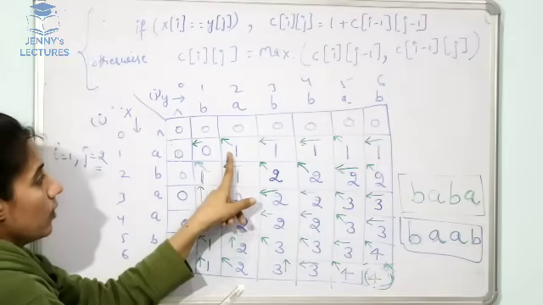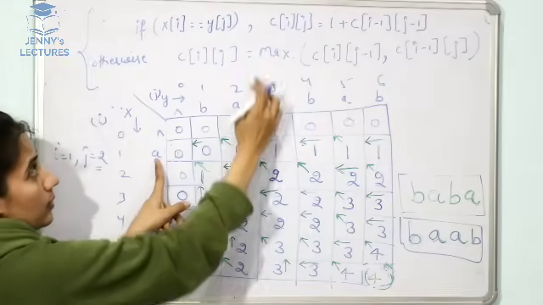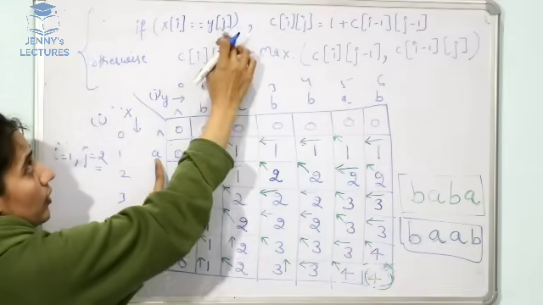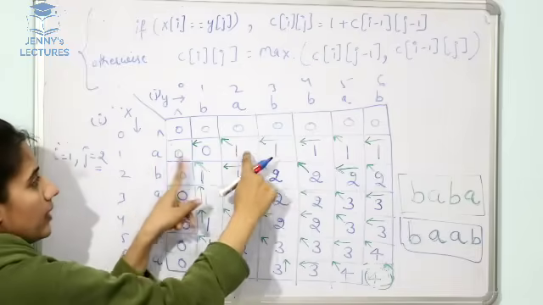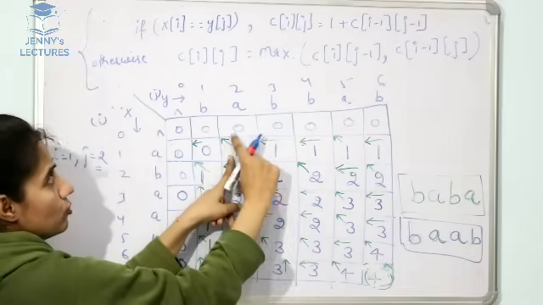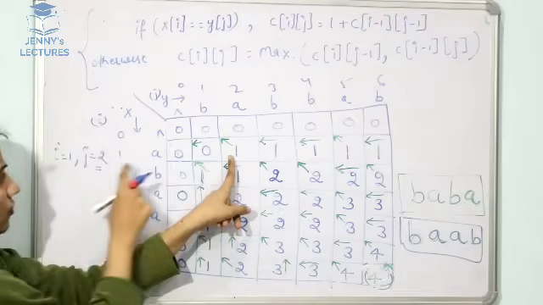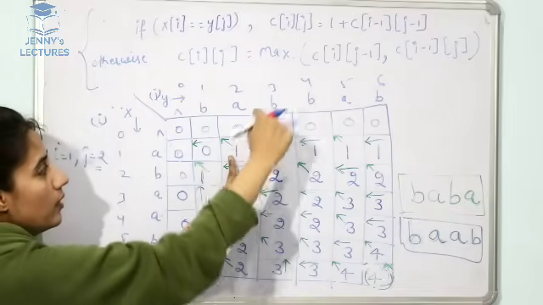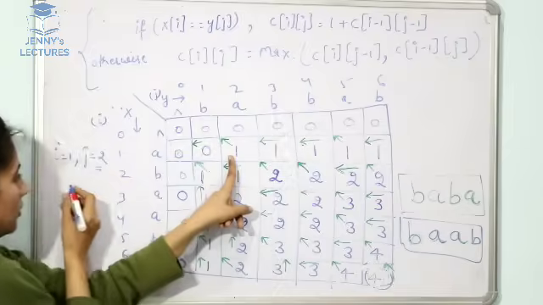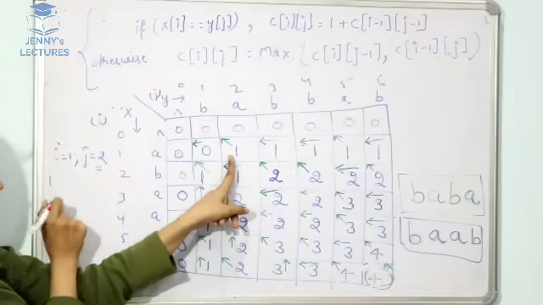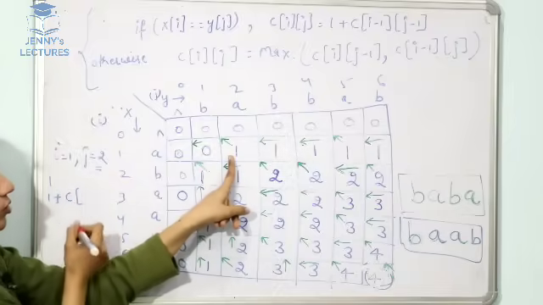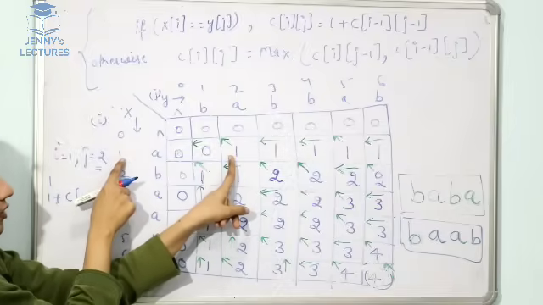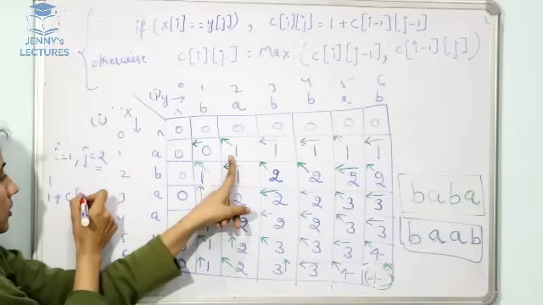Fine. Now this is A, this is A, both x of i and y of j are the same. Then cost of 1, 2, cost of 1 and 2 would be what? 1 plus cost of i minus 1, i is 1, 1 minus 1 is 0.